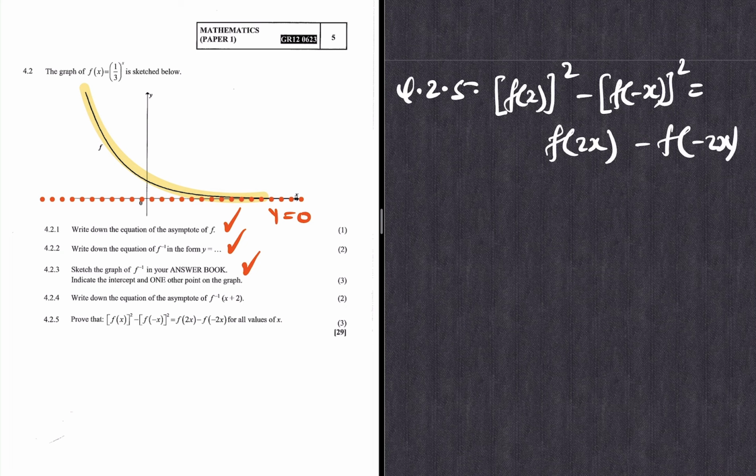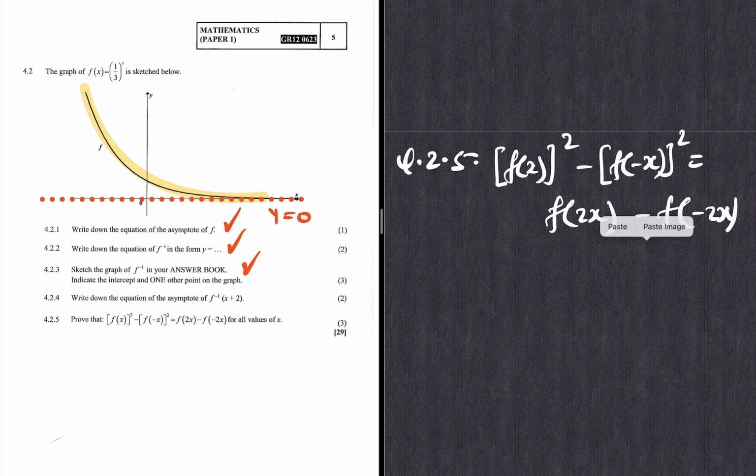So when you prove, you have two sides. Remember that we are dealing with f, not the inverse. f was given by 1/3 to the power x.